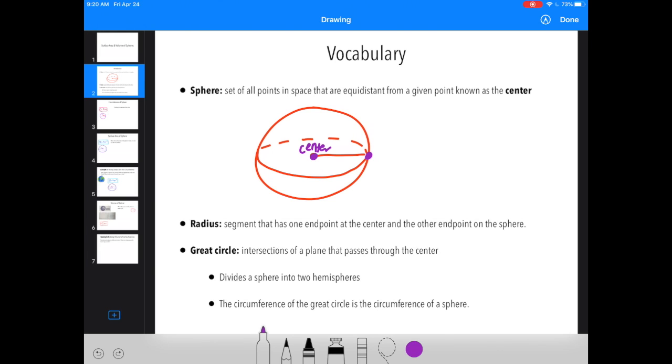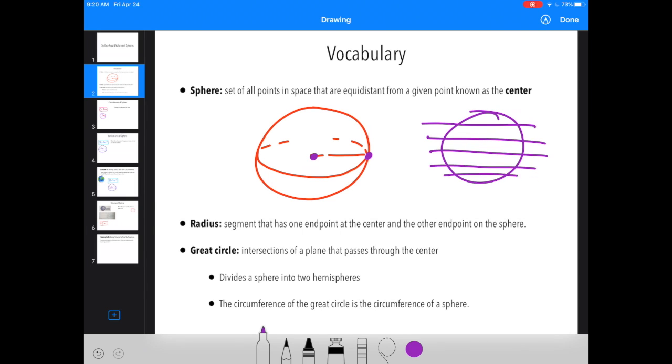So we've experienced some of this vocabulary before. The other big term that you will hear is a great circle. Your sphere theoretically can be divided up into many different circles. For example, if I cut my sphere into different sections and look at it from the top, it's technically a stack of different sized circles.